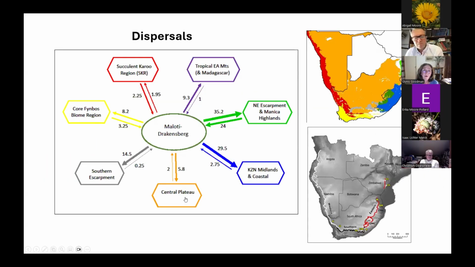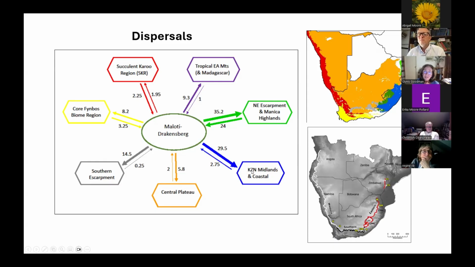And then if we look at where the dispersals went to, as you might notice, the thickest arrows are here, with about 35 dispersals within our sampling group to the northeastern escarpment and the Manica highlands up here.